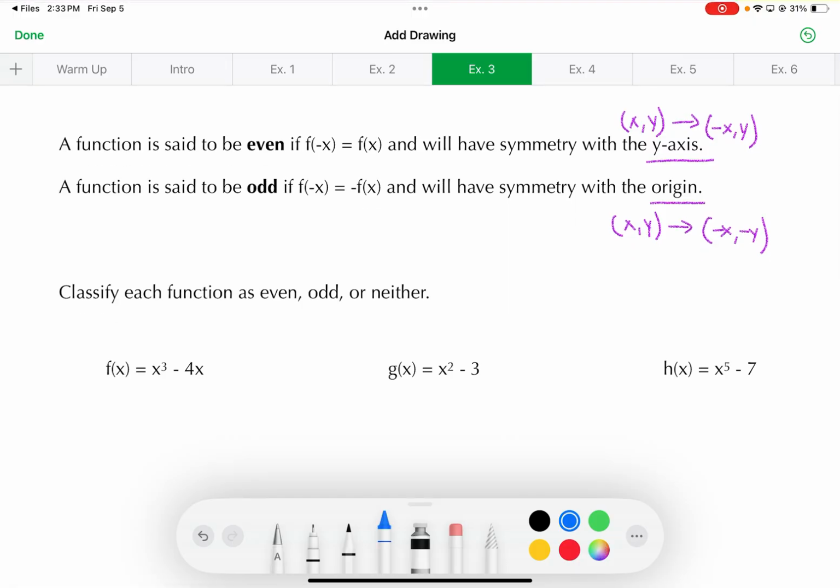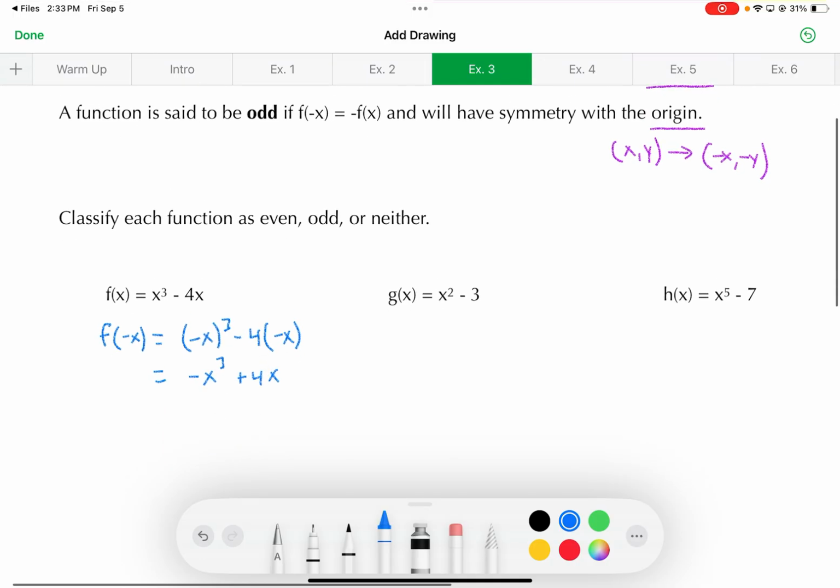All right? F of x, I'm going to evaluate it with a negative x. And that's going to result in negative x cubed plus 4x, which is the opposite of the original function. That's the negative of the original f of x, right?